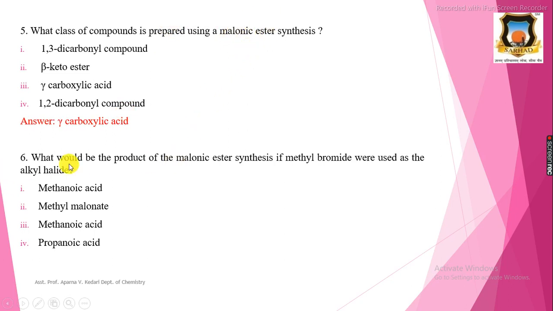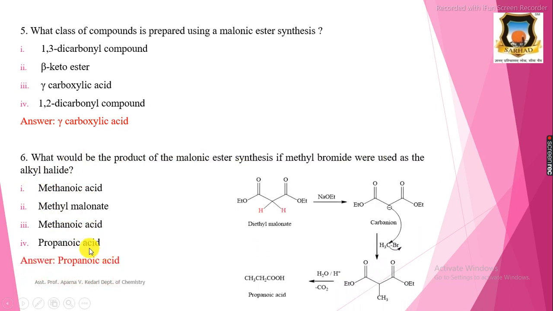Then the sixth question is: what will be the product of malonic ester synthesis if methyl bromide were used as an alkyl halide? And the options are methanoic acid, methyl malonate, methanoic acid, propanoic acid. And the correct answer is propanoic acid. For example, here this is diethyl malonate, which in presence of base gives carbanion.